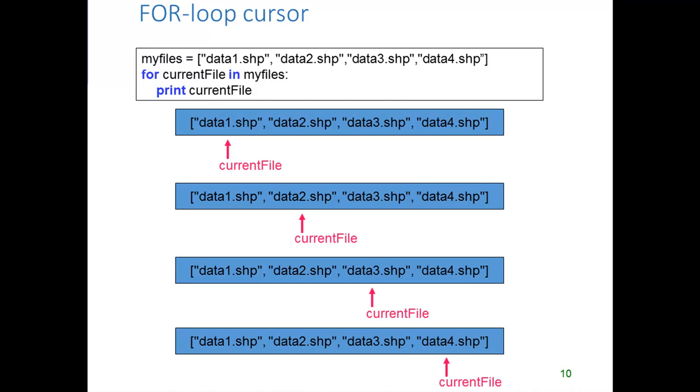When you get to the end of the code that's inside the loop, it goes back up and updates and moves that cursor to point to the second thing in the list. And then it goes through the code that's inside, and it automatically updates the cursor once it's done to the next one and to the next one. It helps if you think of it this way. You think of it as going along and pointing to each thing in the sequence.